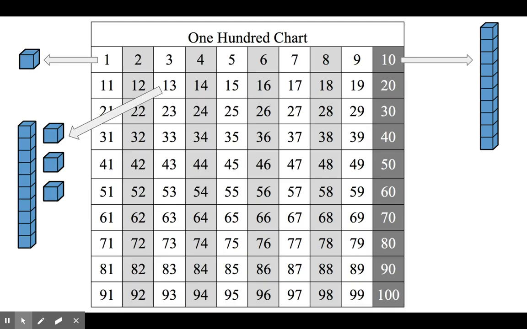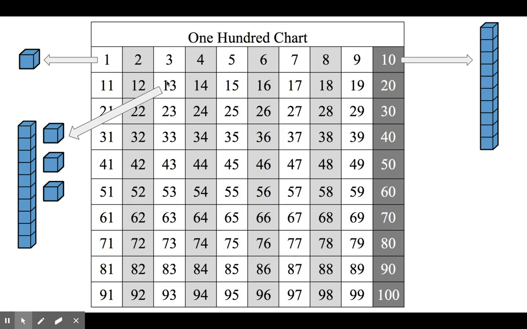So I'm going to demonstrate how you count the Say 10 way. We would start here again with 1. 1, 2, 3, 4, 5, 6, 7, 8, 9, 1 ten. Now, I said 1 ten because 10 is represented by one group of 10. When I get down to the next row, instead of saying 11, I'll say 1 ten 1, 1 ten 2, 1 ten 3.